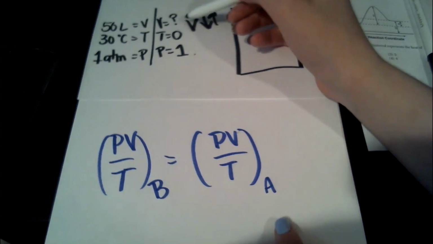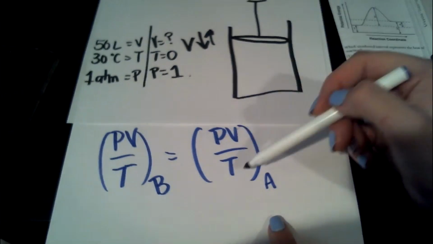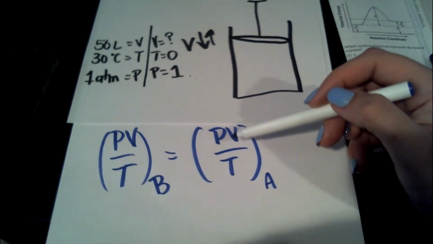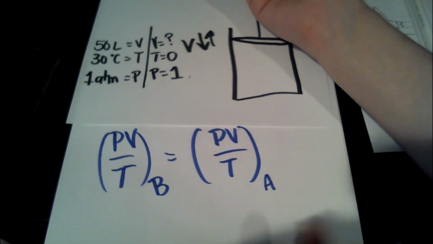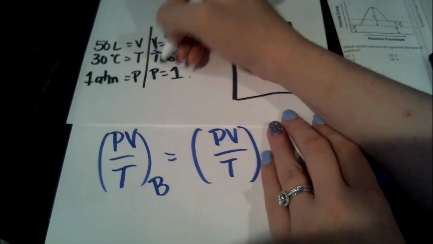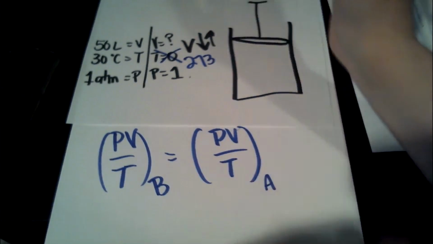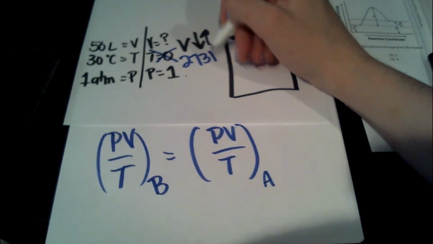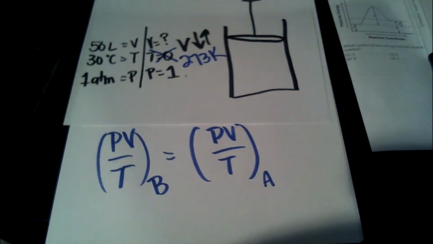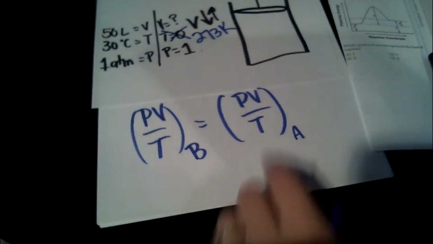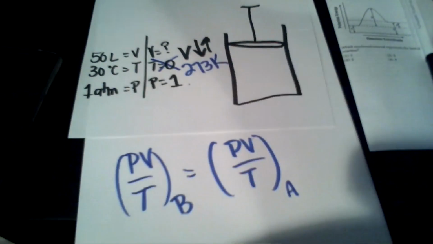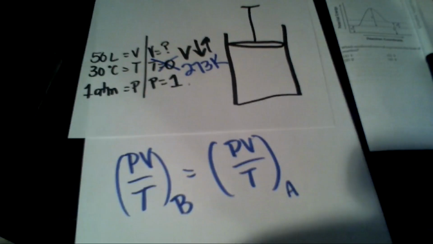Having this temperature equal to 0 up here means that in our after, we're going to have to divide by 0, which is definitely not allowed. So we have to take these two values and convert them to Kelvin. This temperature gets changed to 273 Kelvin. That is what's listed on table A. They're both listed as standard temperature, telling you their equivalent values.